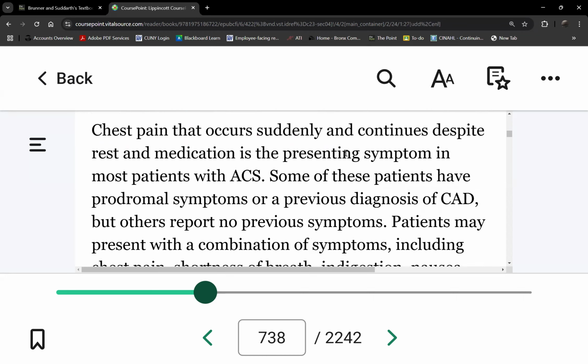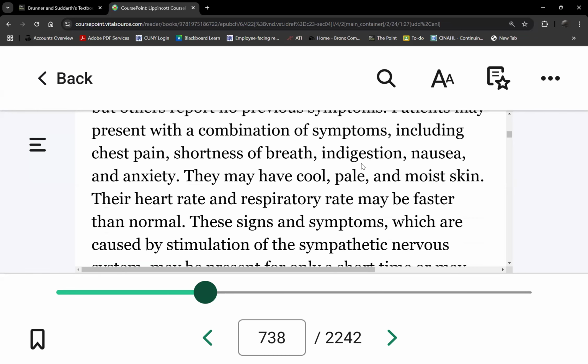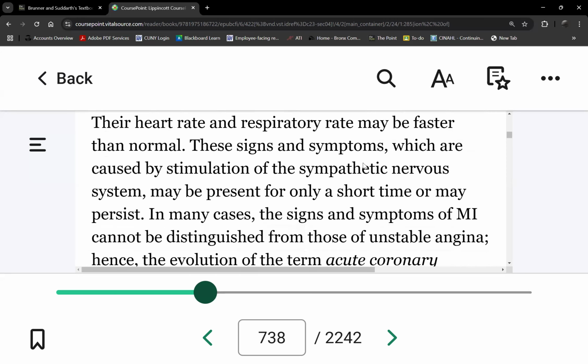As far as clinical manifestations, it's really no different from what we saw in angina. Okay, so same manifestations. However, some patients are definitely symptomatic already. Blood pressure is already low, indicating they could be going into cardiogenic shock.